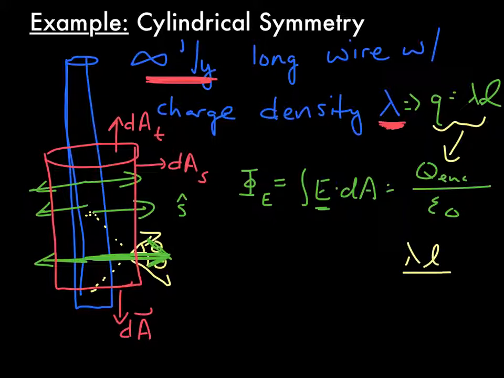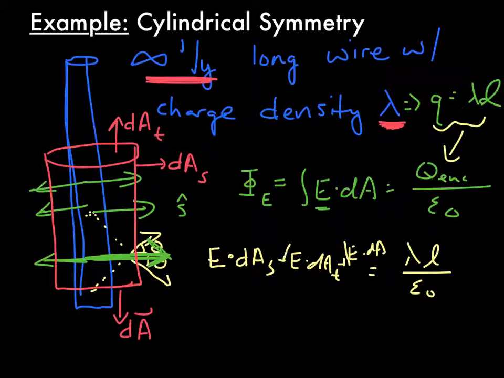Lambda times some arbitrary length over epsilon naught is equal to your electric field, E dot dA side, plus E dot dA top, plus E dot dA bottom. Take a look at your components. There is no part of this electric field that's coming straight out of this wire that goes down, which means this is 0. That's 0.